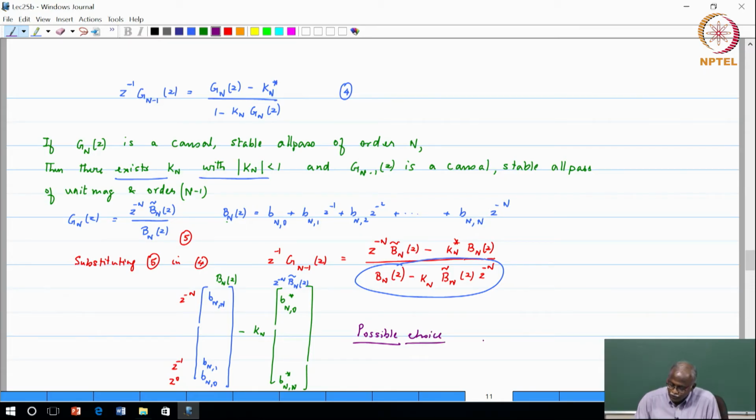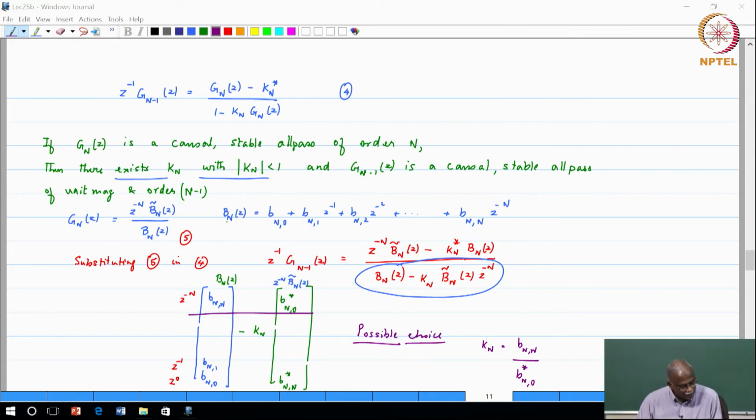So if I choose Kn to be equal to Bnn divided by Bn comma 0 conjugate, okay, Kn to be minus Bnn. So notice that that means the first term, the topmost z power minus n power, will get knocked off.